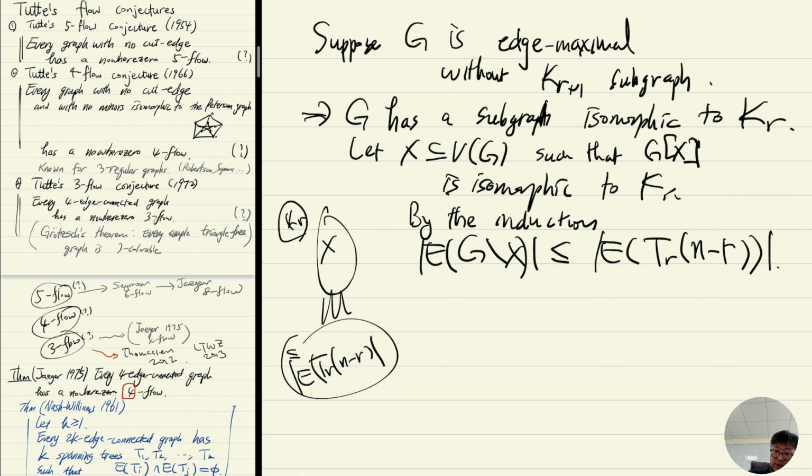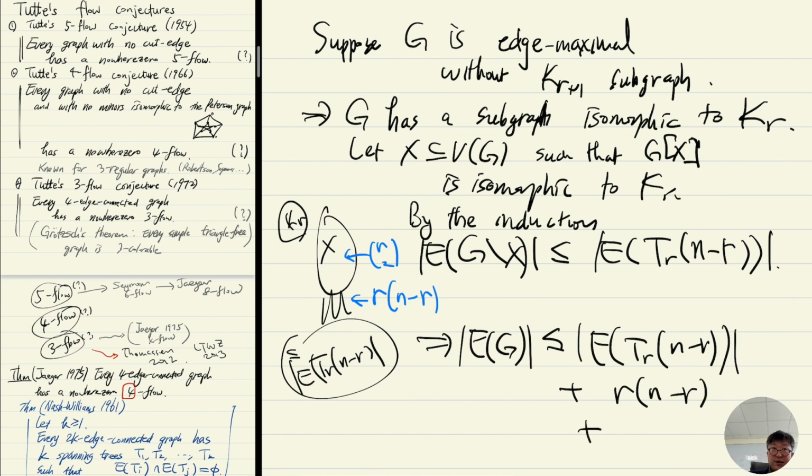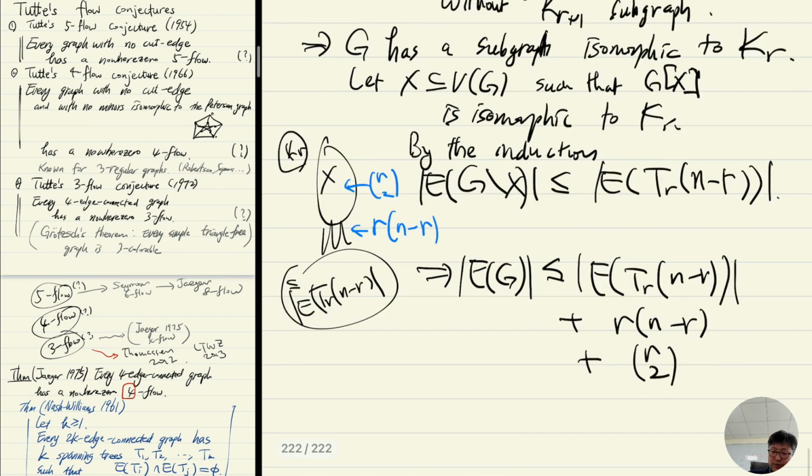Well, this will be at most r times n minus r. And this is like r choose 2. So then the number of edges of the graph G is at most the number of edges of the Turan graph on n minus r vertices plus r times n minus r plus r choose 2.